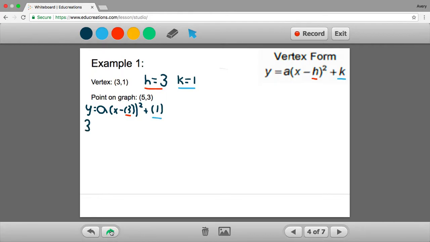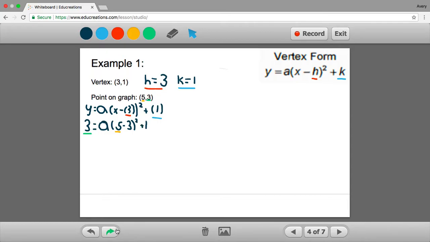So now we're just going to plug our point on the graph into our x and y. Our point's y is 3, so we're going to plug that into this y. So 3 equals a times 5, which is our x, minus 3 squared plus 1.